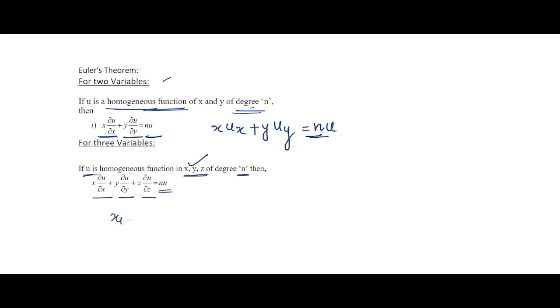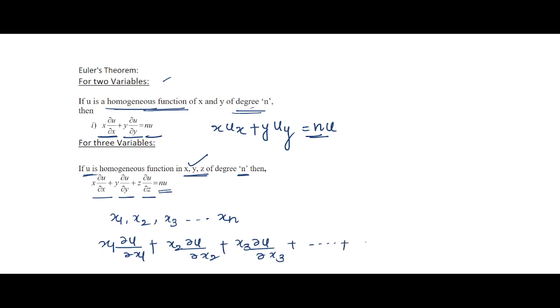So if you take u as a function of n variables, then also we can apply Euler's theorem as x1 ∂u/∂x1 plus x2 ∂u/∂x2 plus x3 ∂u/∂x3 plus dot dot xn ∂u/∂xn is equal to n into u. So the right hand side is n into that function u.